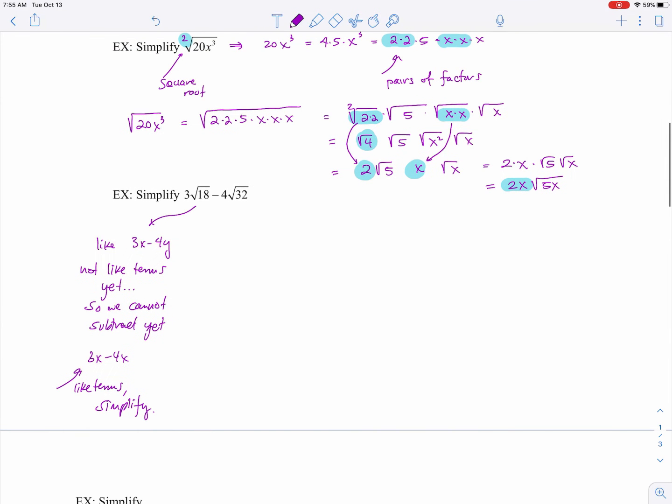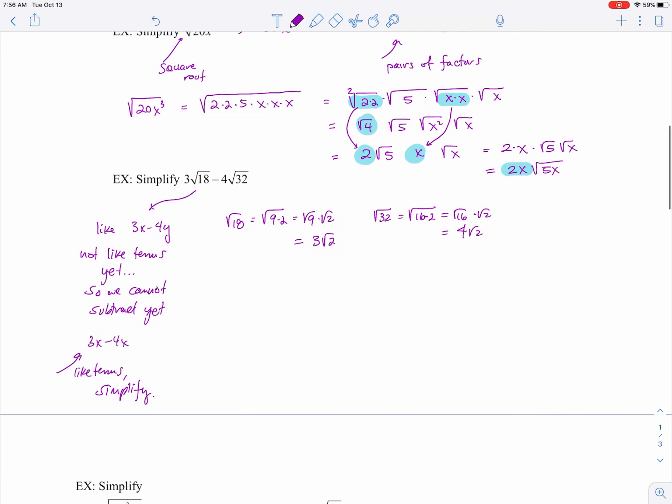So let's take a look at that. The square root of 18 is the square root of 9 times 2, which is the square root of 9 times the square root of 2, which is 3 root 2 because the square root of 9 is 3. And the square root of 32 is the square root of 16 times 2, which is the square root of 16 times the square root of 2, which is 4 root 2.